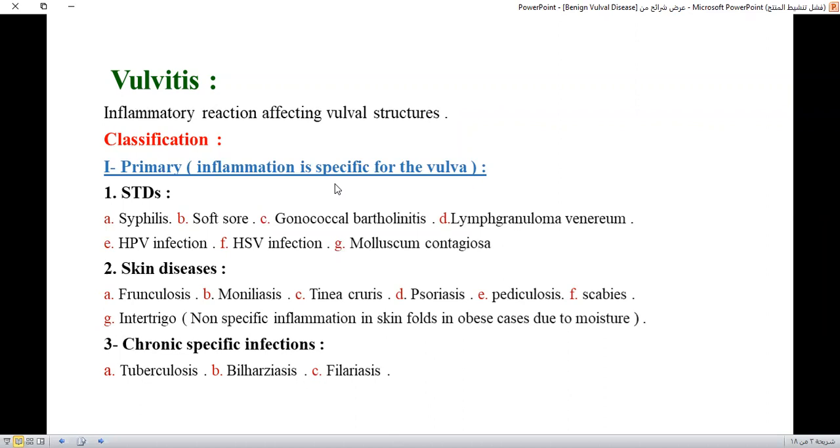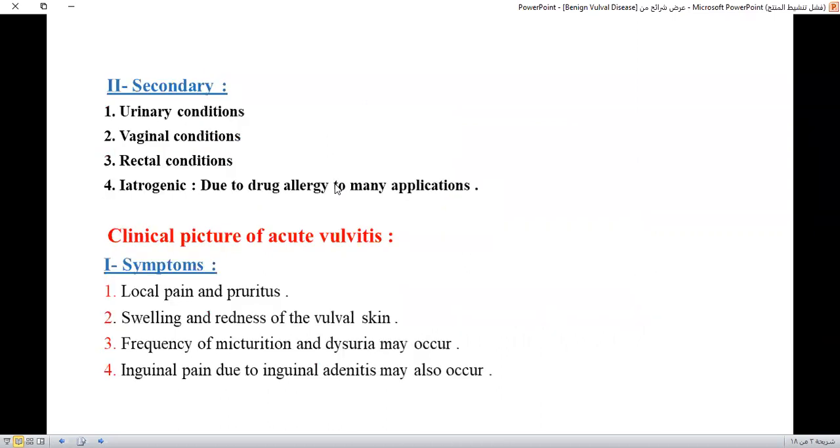And the third point is chronic specific infection like bilharzia, tuberculosis, and filariasis. The second classification is secondary to other organs like urinary, vaginal, rectal, or allergy.